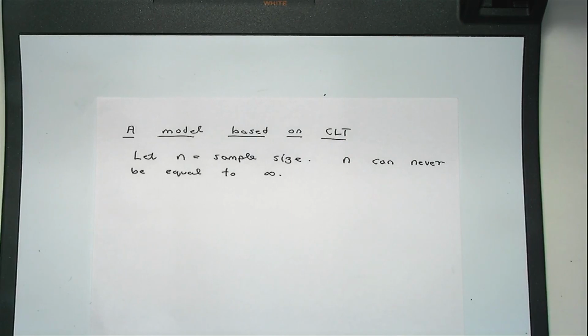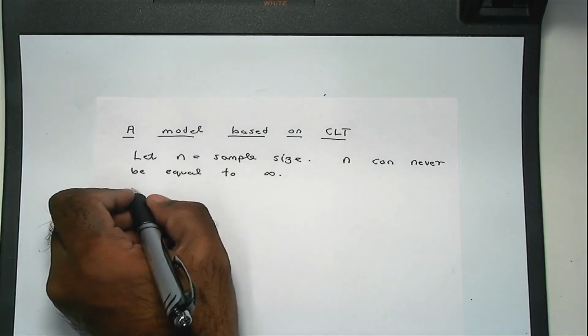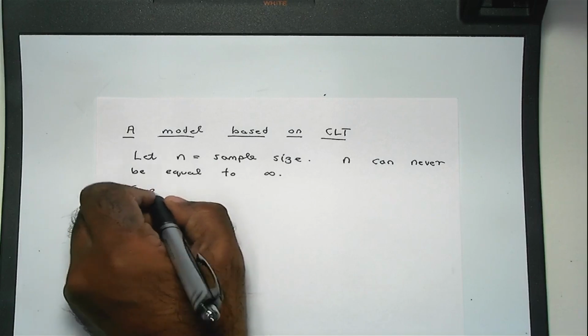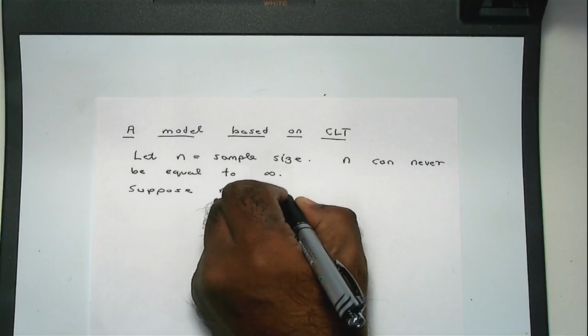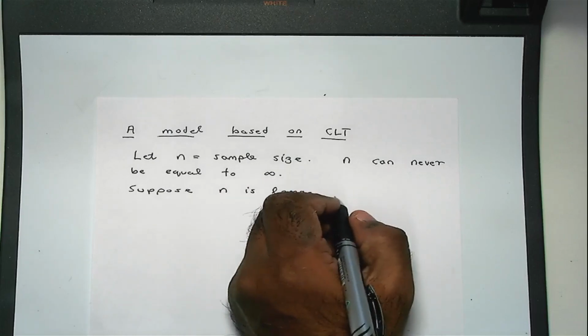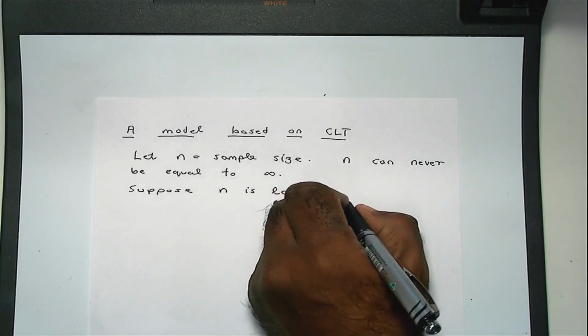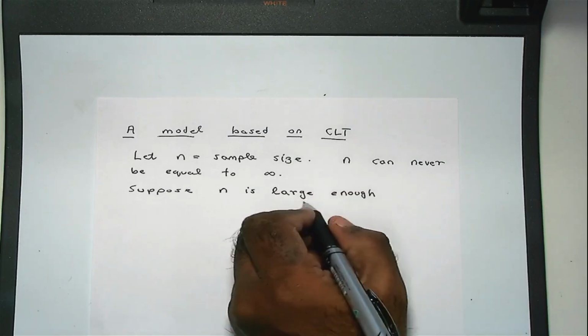So in order to use the central limit theorem, we need to assume that n is a big number, so that the left hand and the right hand sides are equal. So suppose n is large enough. The word large enough is debatable, but in statistics, we say anything above 25 is large enough.